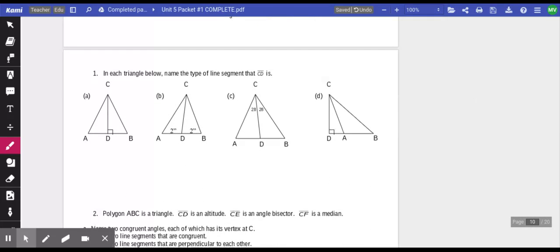So in each triangle below, name the type of segment that CD is. So CD is an altitude in A, and B is a median because it's bisecting AB, and C is the angle bisector, and in D it's the altitude.